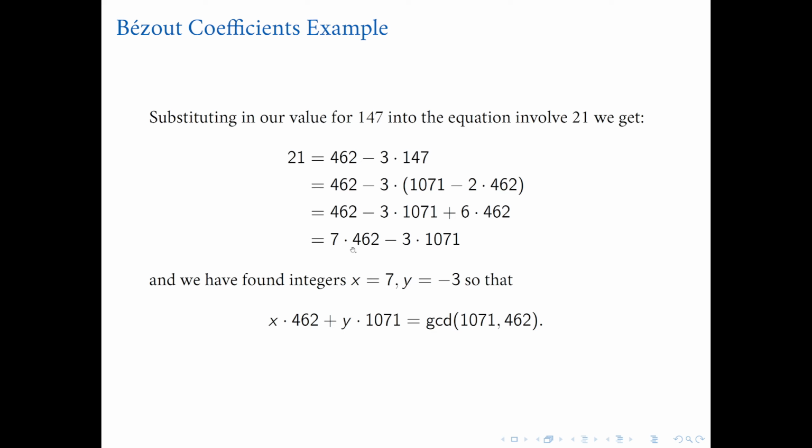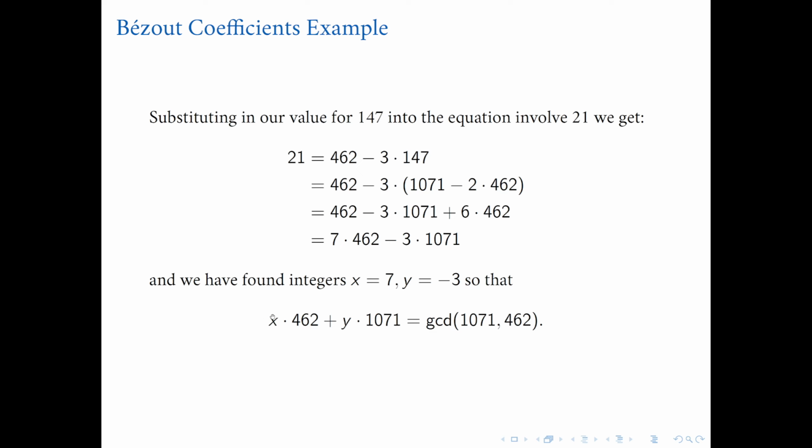So this is interesting. 21 was the GCD of 462 and 1071. And we actually found integers 7 and -3, so let's say x is 7 and y is -3, so x times 462 plus y times 1071, we actually get the GCD.